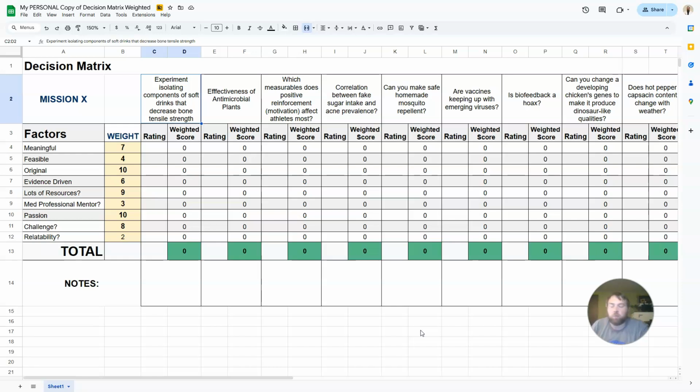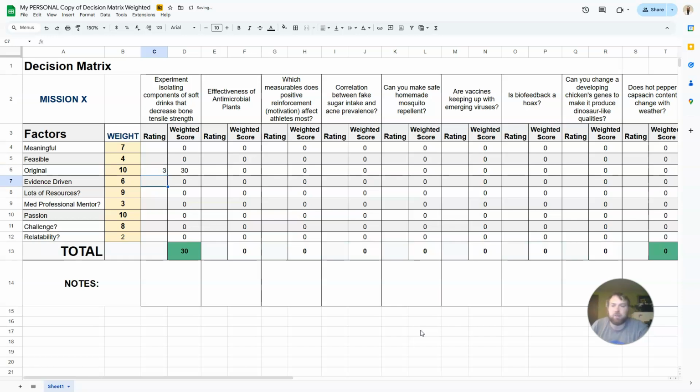Maybe they haven't been worked on with an actual bone and had an experiment done on a decaying bone, but it's not that original. It's something that's been a little bit researched, and a Google search can tell you what the worst things in soft drinks are. So I'll put that at like a 3 out of 5 or so.